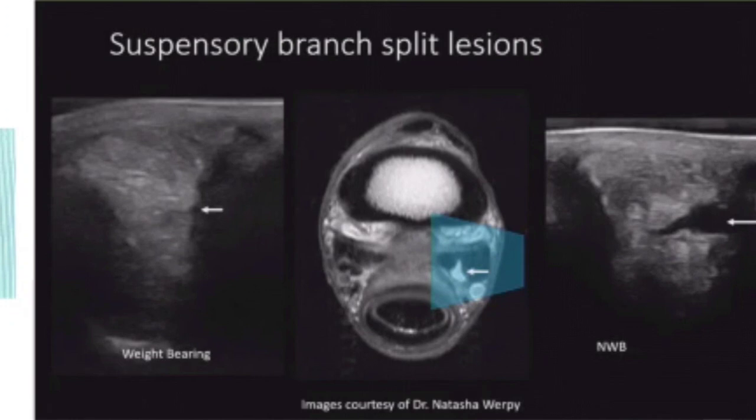This horse has a sagittal split within their suspensory branch. When you pick up the limb and take the weight off, that opens up. Here we can see the corresponding MRI, and now we have this defect in here. So again, it's just another important example of picking up the limb.